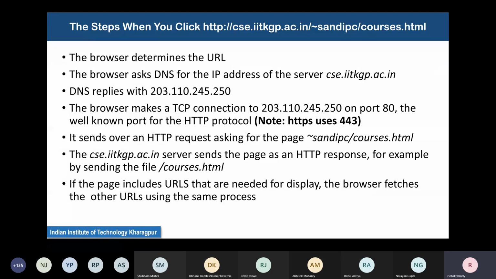Now, because HTTP uses completely unencrypted connectivity, it is not safe. Later on, it has been enhanced to provide secured connectivity using something called TLS, or transport layer security, which is integrated into this TCP.